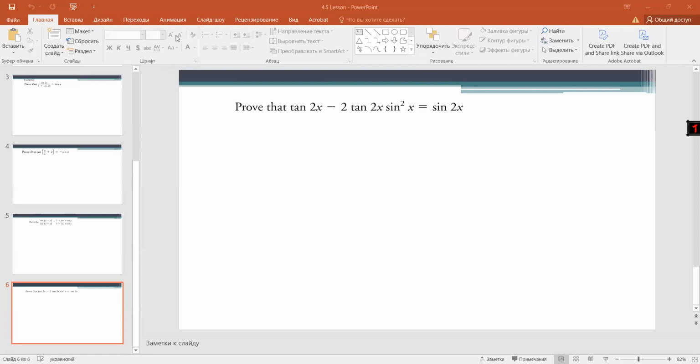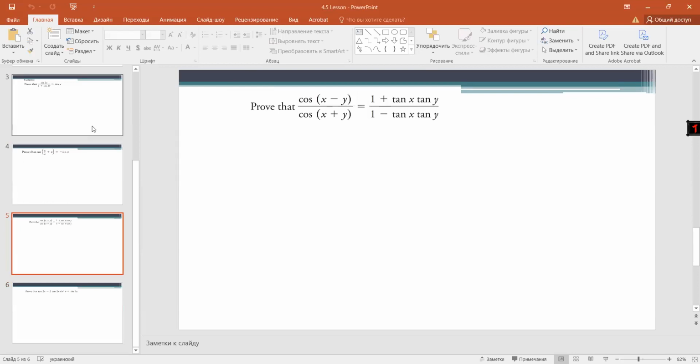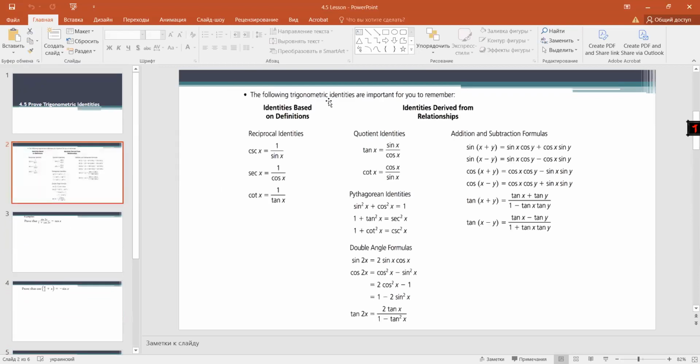I'm not sure for how long I've been muted. I was just reviewing what types of identities we used. And also I reminded you that it is very important to remember these identities by heart because most of them are super easy.